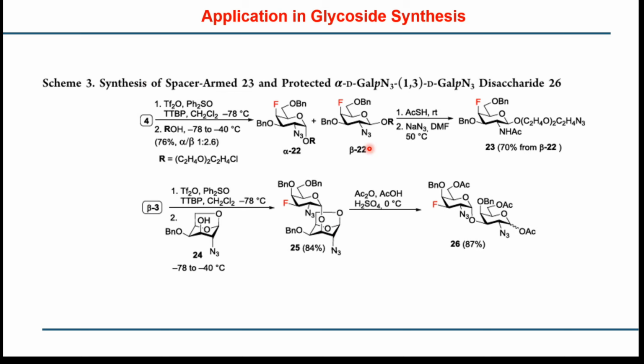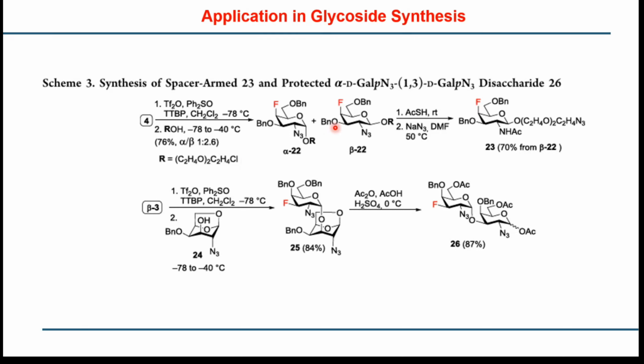So after that, they wanted to do some application to synthesize some kind of glycoconjugate. So they have taken donor 4. They have activated that donor in a similar way, using triflic anhydride, diphenyl sulfoxide, and they took acceptor chlorotriethylene glycol.